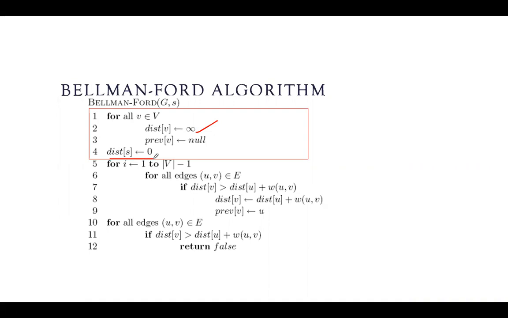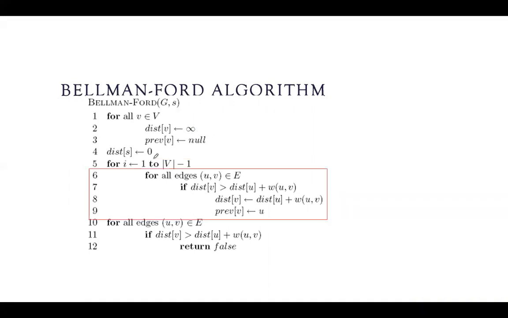First, source to source, we initialize that distance to 0. Next, there is a for loop from 1 to the number of vertices minus 1. If there are 4 vertices, it will be executed 3 times. The for loop will be executed n minus 1 times.